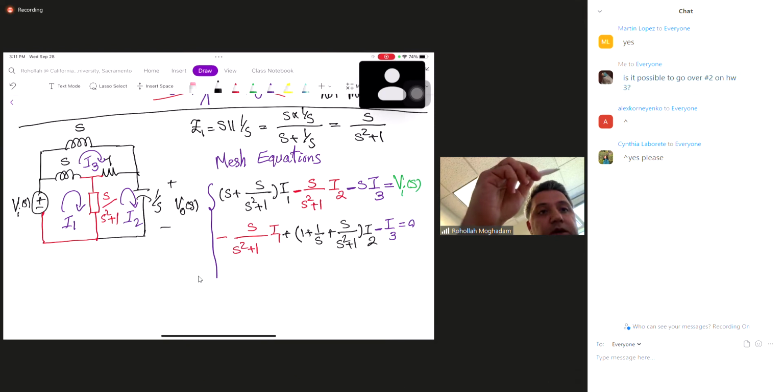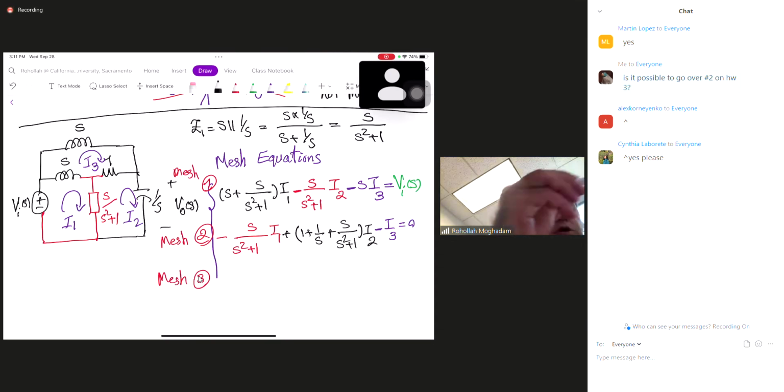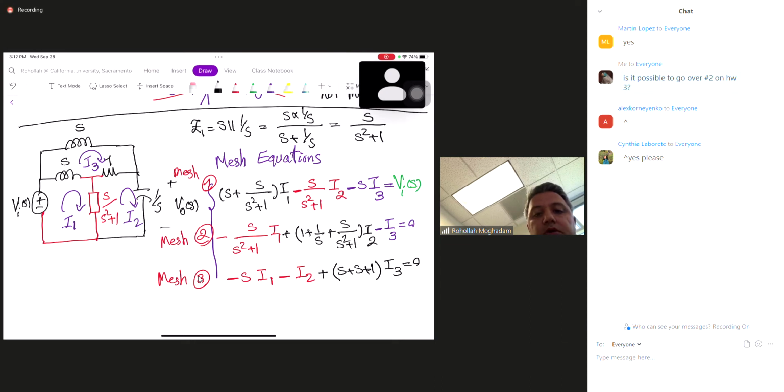All right. So then we're gonna write, this is for mesh 1, this is for mesh 2, and for mesh 3, we're gonna write it as negative S I1, negative I2, plus S plus S plus 1 I3 equals 0.